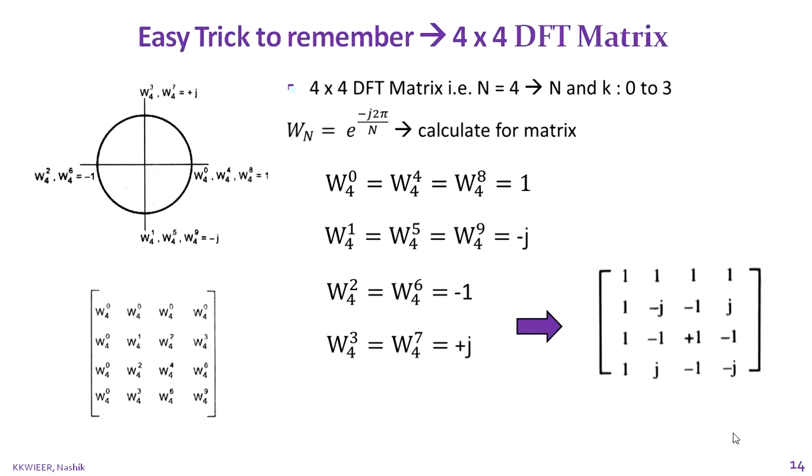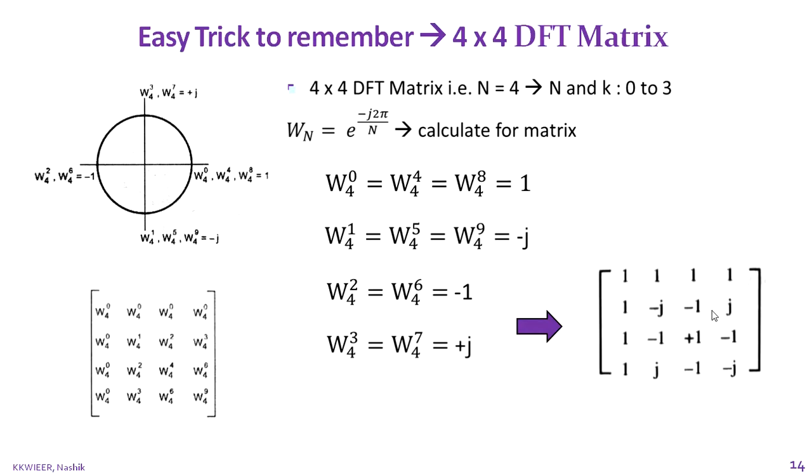If you consider a circle and put the values like W4 raised to the power 0, then 1, 2, 3, 4, 5, 6, 7 and 8 in a clockwise manner, then W4 raised to 0, 4 and 8 will have the same value, that is positive 1. 1, 5, 9 will have minus j, 2, 6 will have minus 1 and 3, 7 will have plus j. So by referring to this circle, you can easily write this 4 by 4 DFT matrix.